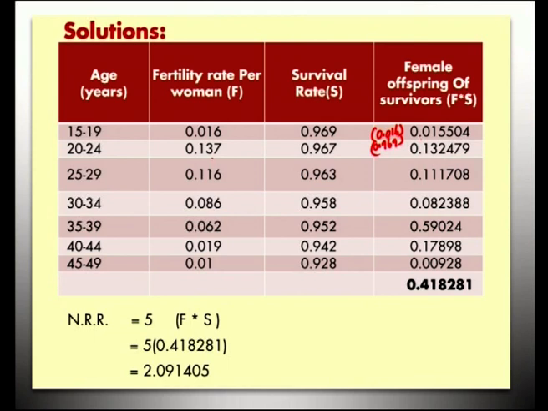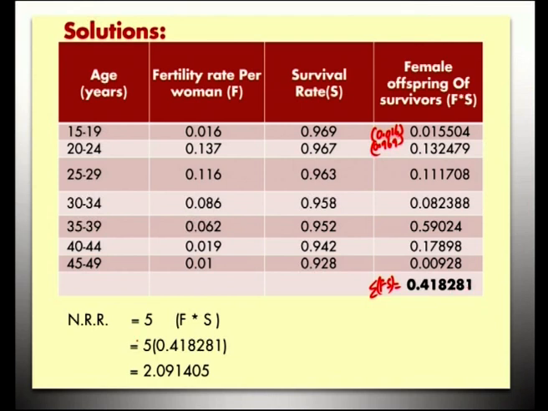Next, 0.137 into 0.967 gives you 0.132479. And then the totality of this last column, the summation of F into S, is equal to 0.418281.